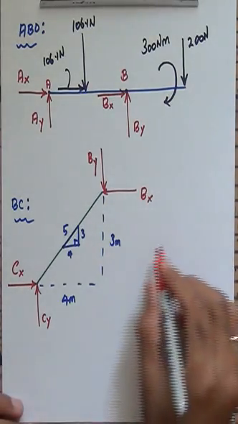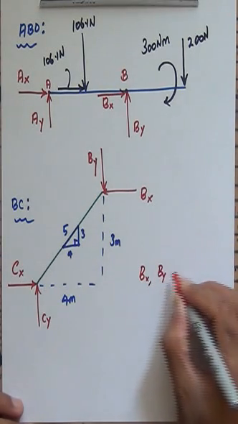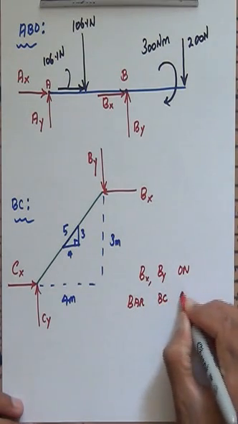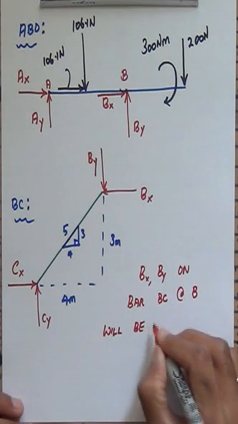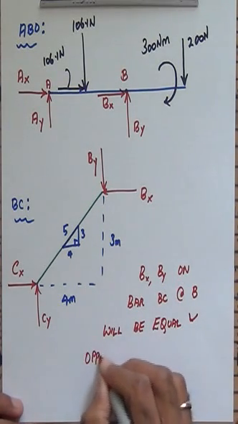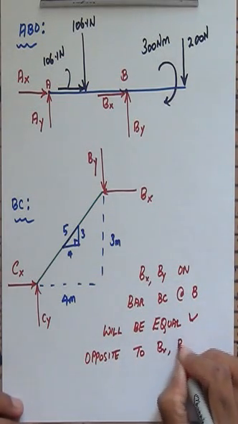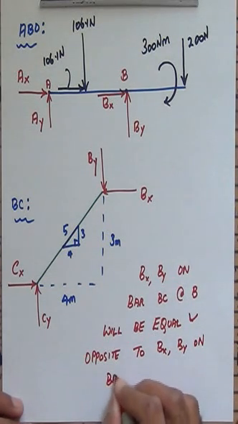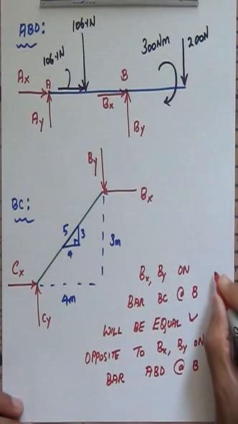So the set of forces BX and BY on the bar BC at the point B will be equal and opposite to the BX and the BY on the bar ABD at the point B.